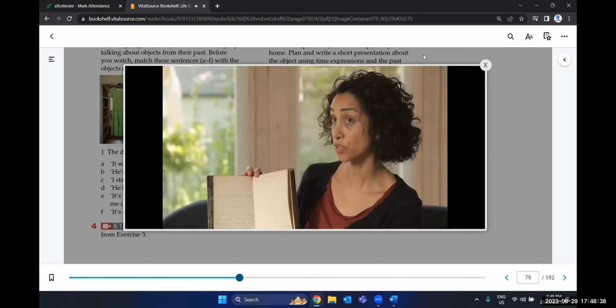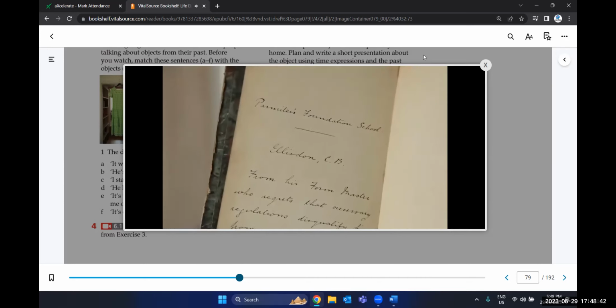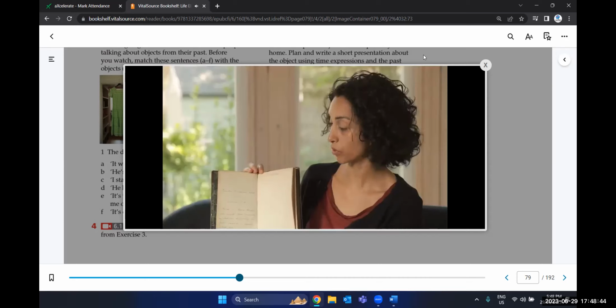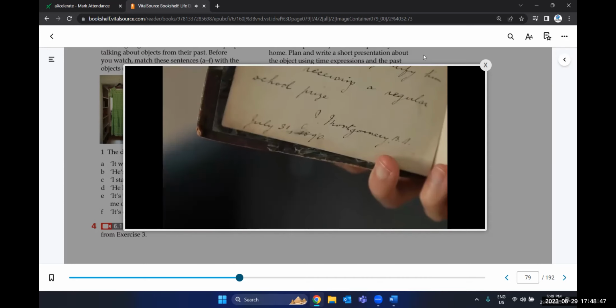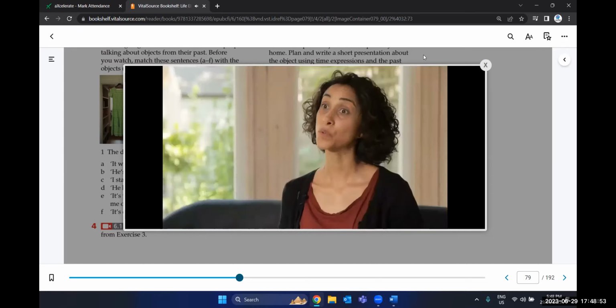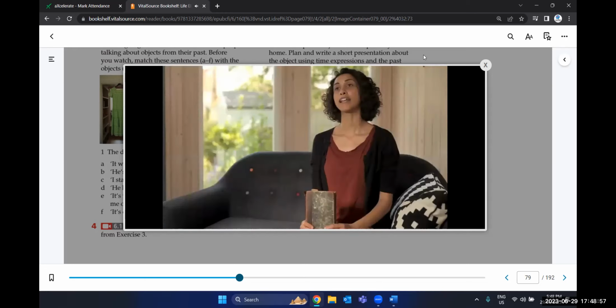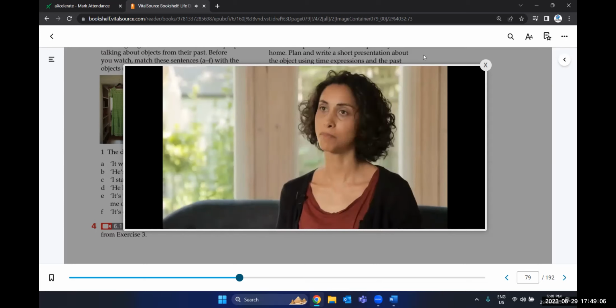Her first husband was called Charles Ellison, and his teacher was called Mr. Montgomery. Mr. Montgomery gave Charles the book on July 31st, 1890. It was special to Charles as it was his school book, and then it was special to my great-grandmother as it reminded her of her son's husband, Charles. And now it's special to me because it's a piece of my family history.